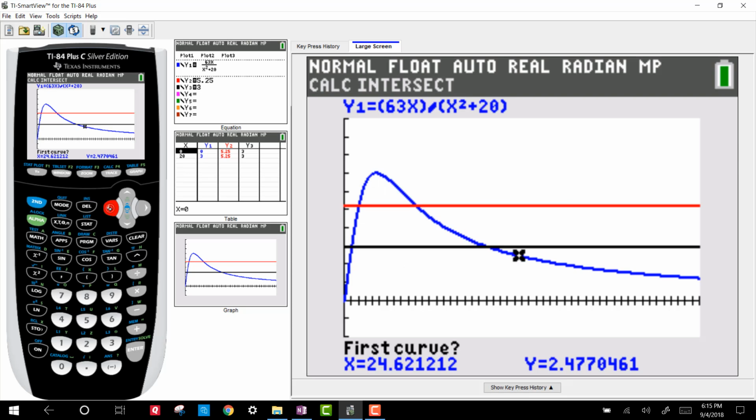And my cursor's pretty close, so I'm just going to move it as close as I think I can. I'll hit enter. It's going to jump to the other curve. And you'll notice it's blinking on the red curve now. I don't want the red curve. I want the black curve. There we go. I think it's on the black curve. And then a guess at x equals 20.